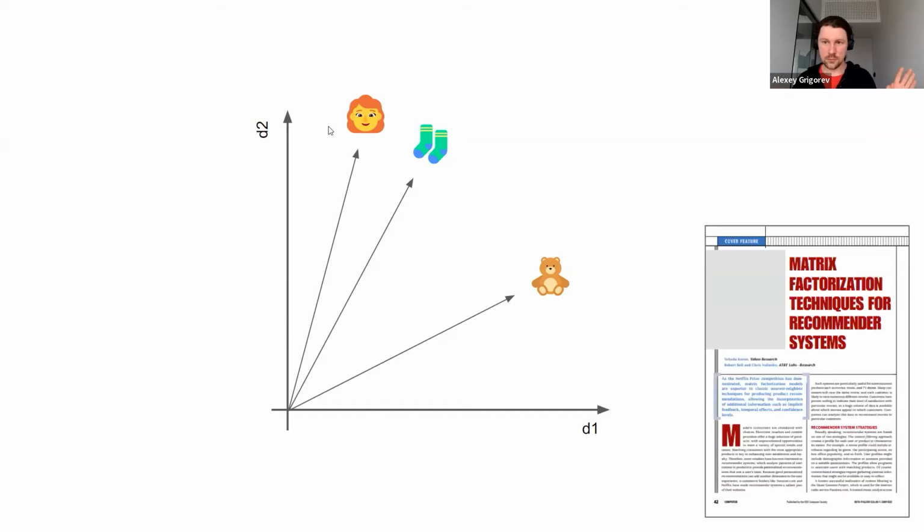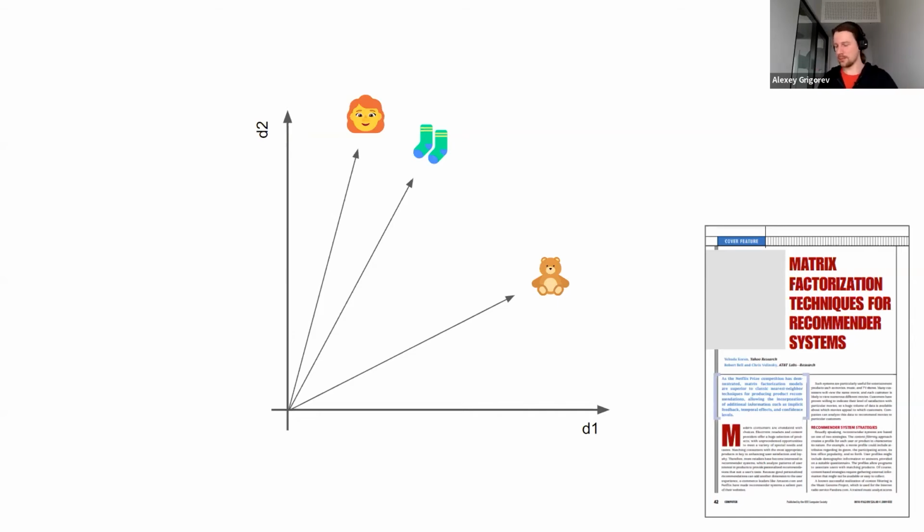If none of this makes sense, but you want to learn more about this, there is a nice paper called Matrix Factorization Techniques for Recommender Systems. If it's the first exposure to machine learning for you, it might be difficult, but if you already know a thing or two, I definitely recommend checking this paper. It's a relatively old, or I should say classic paper, but it describes quite well the process of going from items and users to vectors.